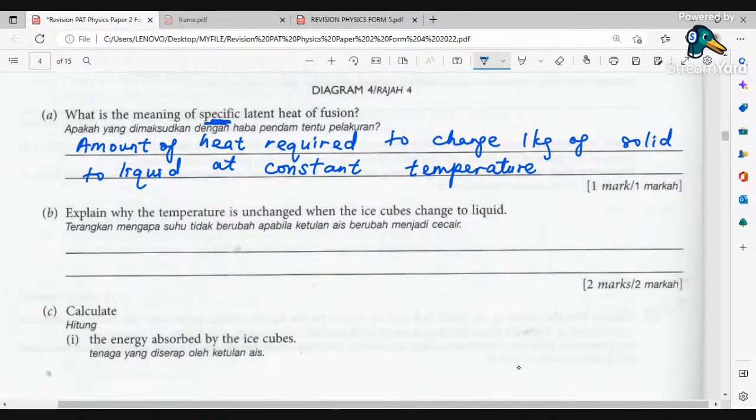Explain why temperature is unchanged when ice cube change to liquid. Okay.